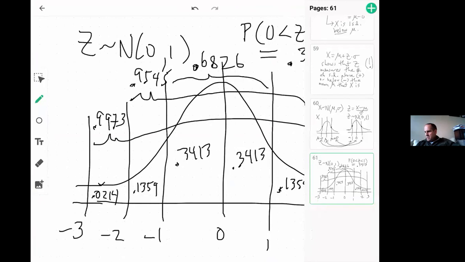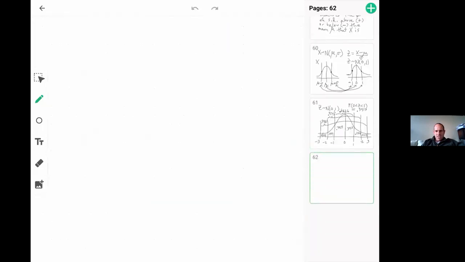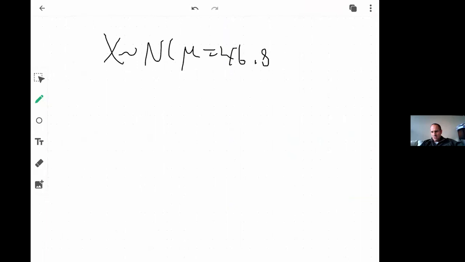The mean was 46.8. I'm not sure why this isn't updating just yet. There we go. And what is the standard deviation? Sigma equals 1.75.